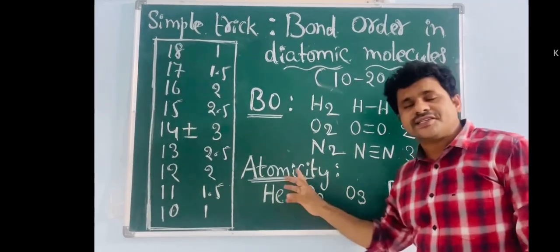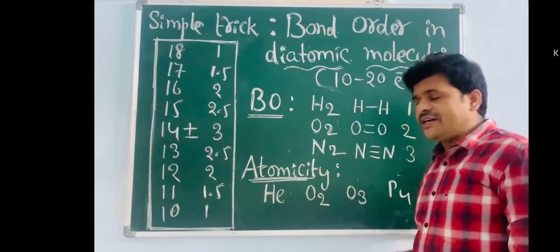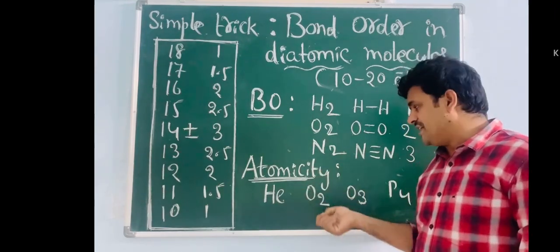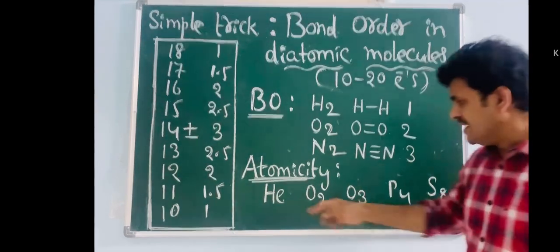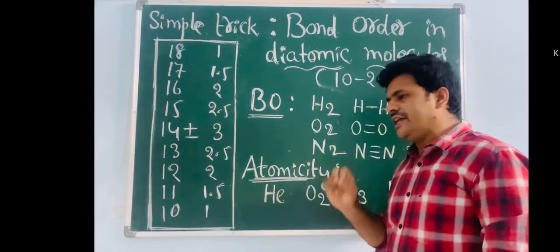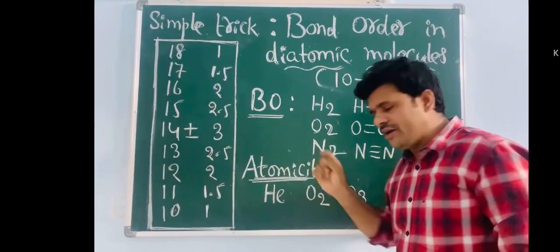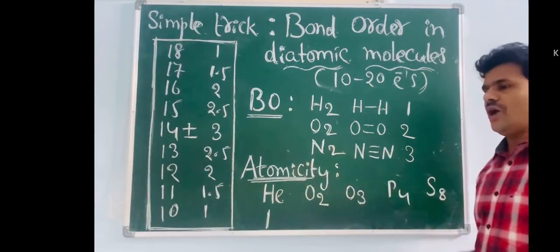Next one students, atomicity. Atomicity is nothing but the number of atoms present in a given molecule. For example students, the helium molecule, formula He. The number of helium atoms is 1. So that's why atomicity is 1. This is a monoatomic molecule.